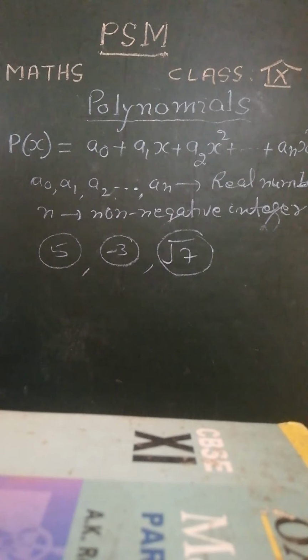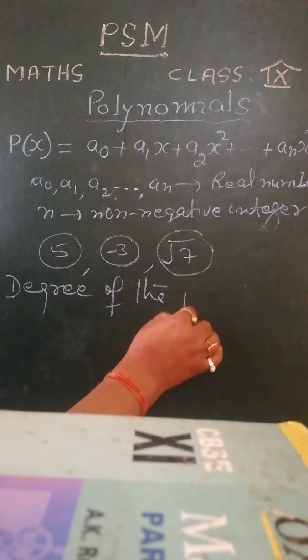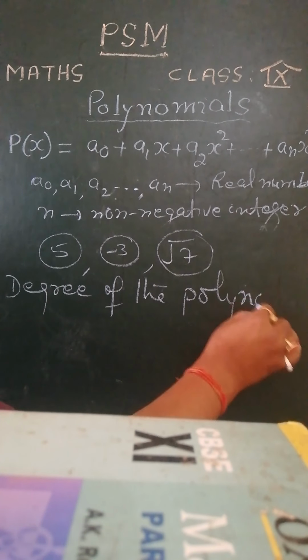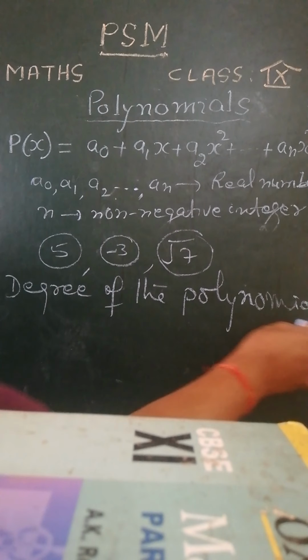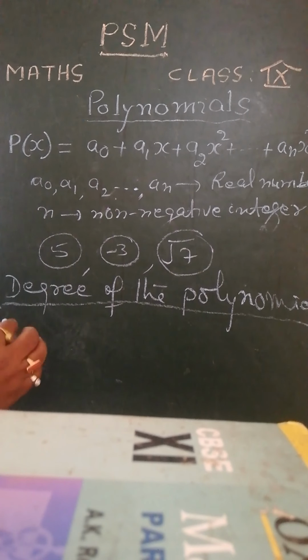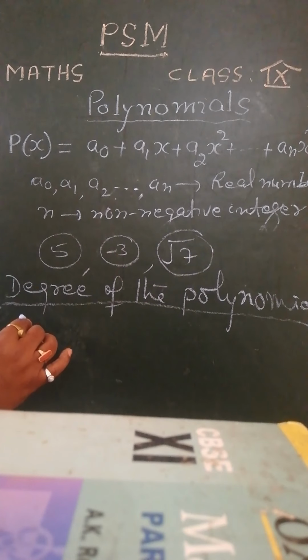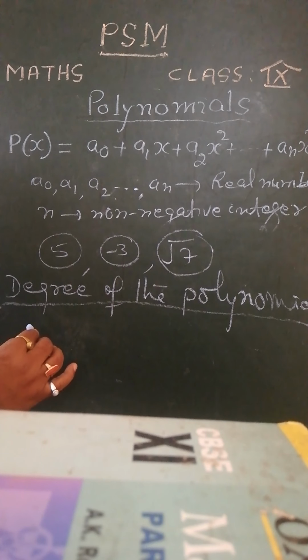And what do you mean by the degree of the polynomial? The exponent of the term containing the highest power of the variable is called the degree of the polynomial.